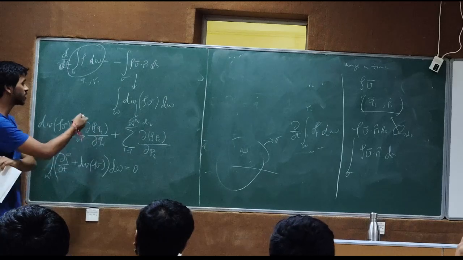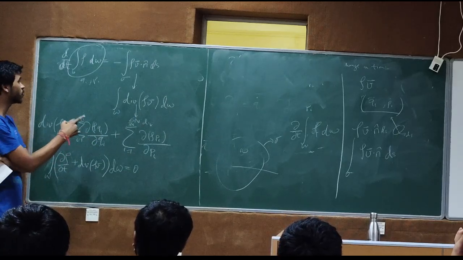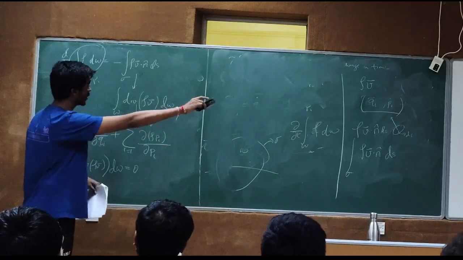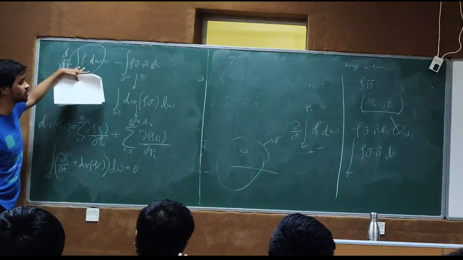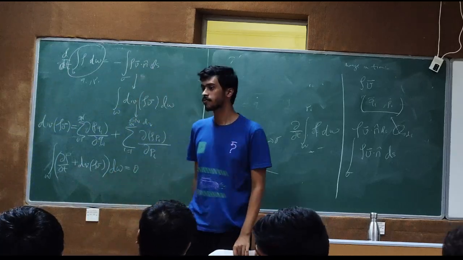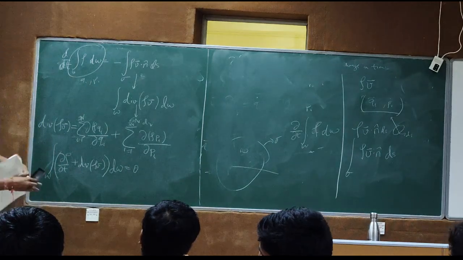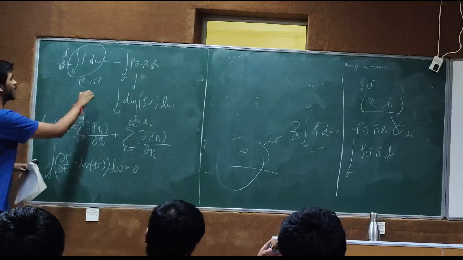It won't depend on the independent variables Pi and Qi. So Pi and Qi still contribute to the flux, and the explicit time dependence is separate. What are the variables inside it? Rho is a function of Pi, Qi and t.